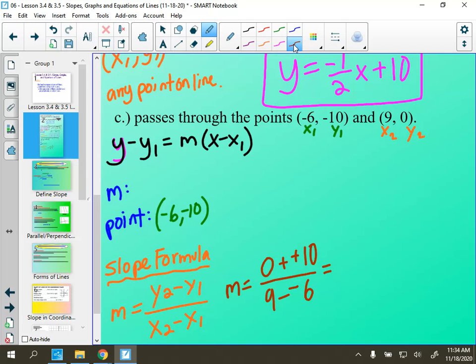Remember, those are additions, so it's really +10 over +15. And with anything like a fraction, we would always want to reduce that. 5 goes into the numerator 2 times, and 5 goes into the denominator 3 times. So the slope of the line that we're looking at has a slope of 2/3.